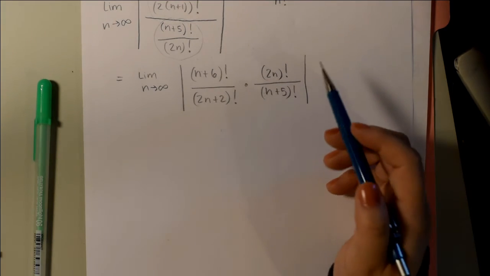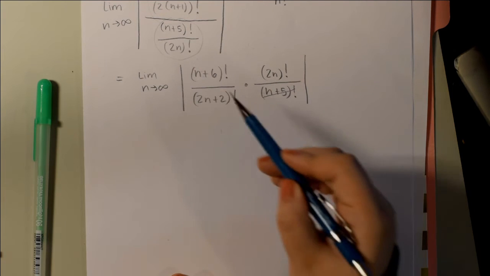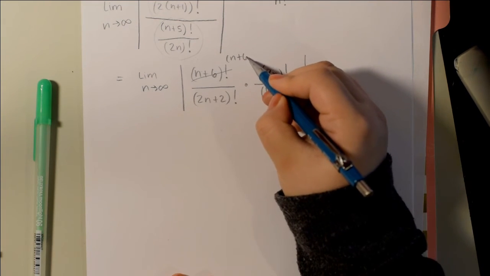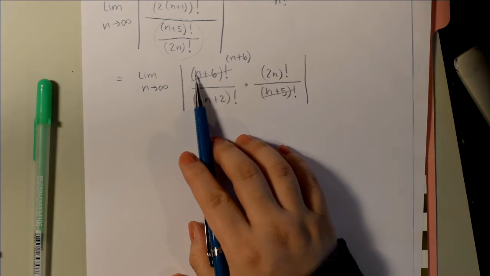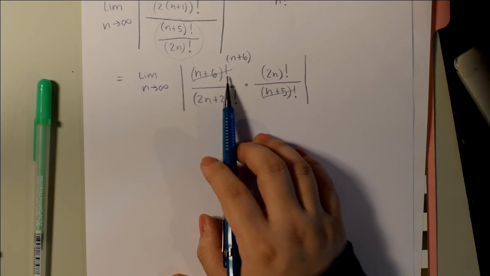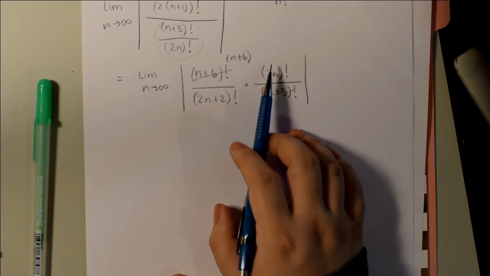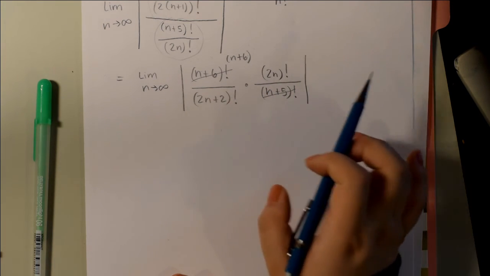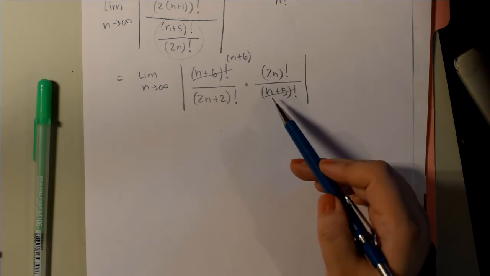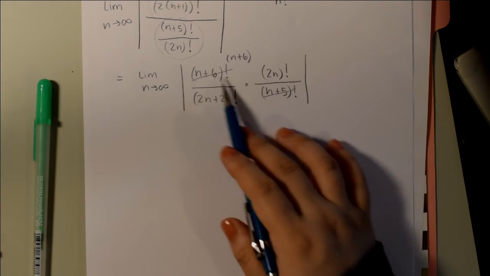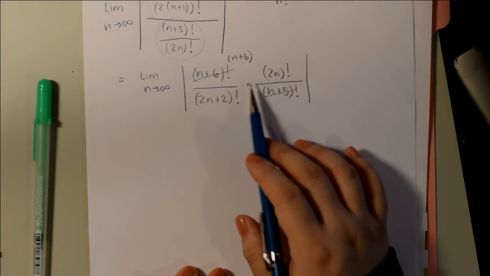So n plus 5 factorial can cancel with this n plus 6 factorial and leave an n plus 6, because this would be n plus 6 times n plus 5 times n plus 4 dot dot dot times n minus 1 and minus 2, right? Dot dot dot. So everything past the n plus 5 cancels.